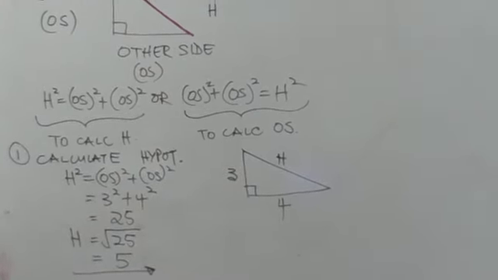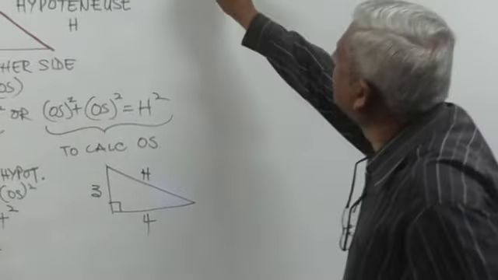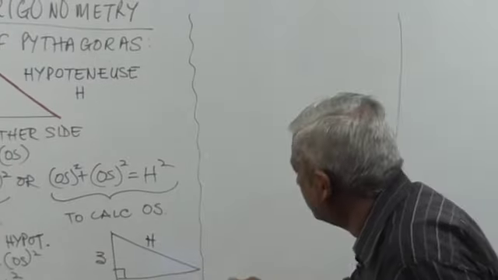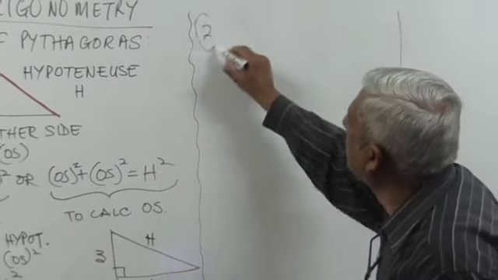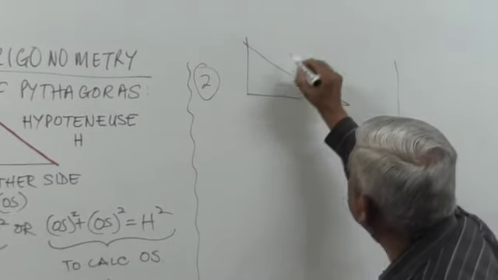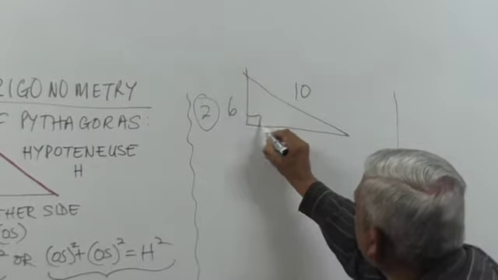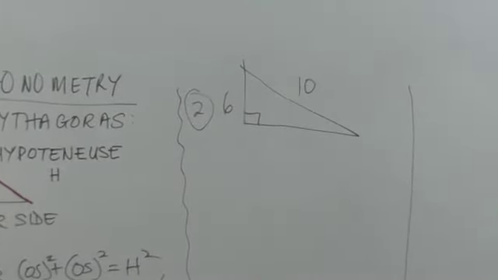Alright, so that's one kind of question. Now let's see what's the other kind of question you can get in the theorem of Pythagoras. Number 2, you will be given a right angle triangle, and suppose you are told that this is 10 and this is 6, and that is a right angle triangle.